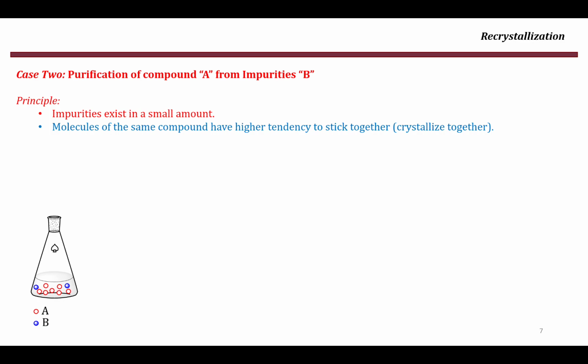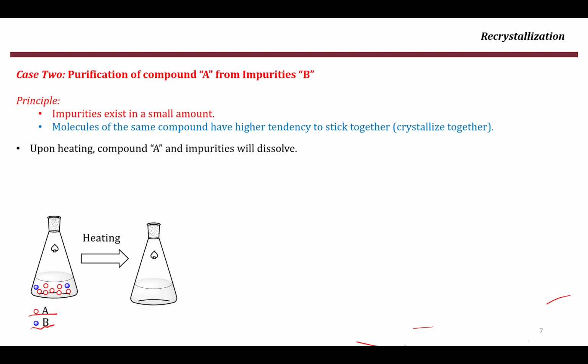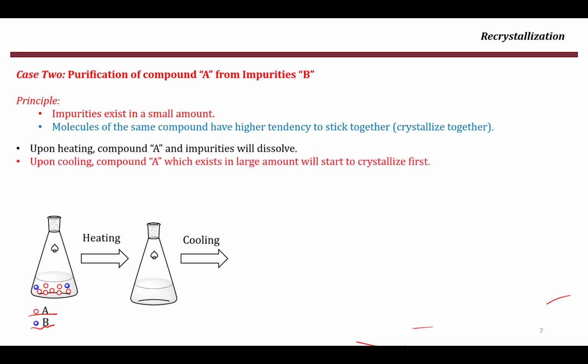So again, in this Erlenmeyer flask, we have a solution of compound A, and then we have some impurities which are called B. Upon heating, compound A and the impurities will both dissolve.